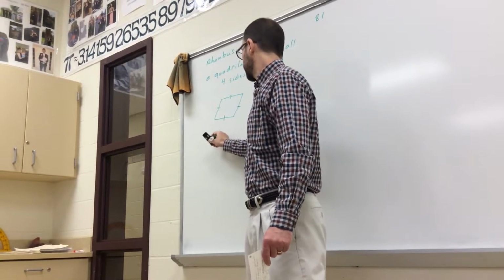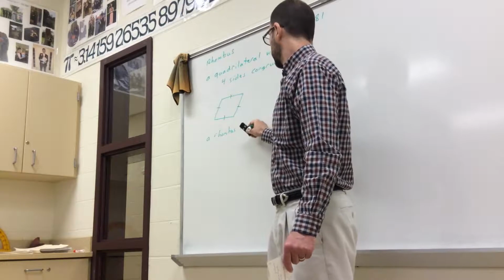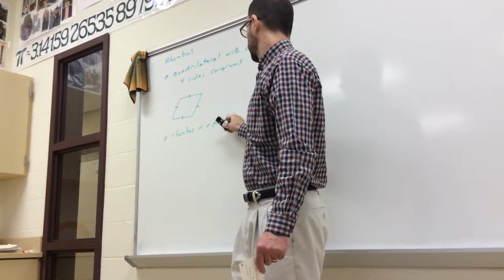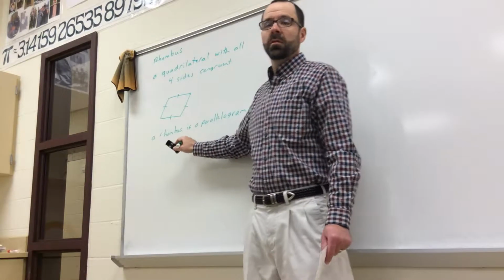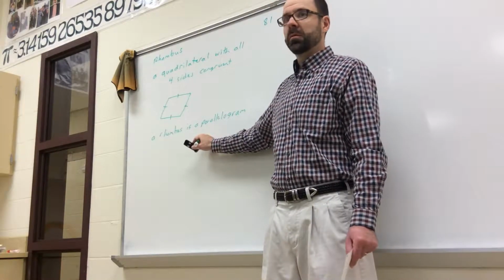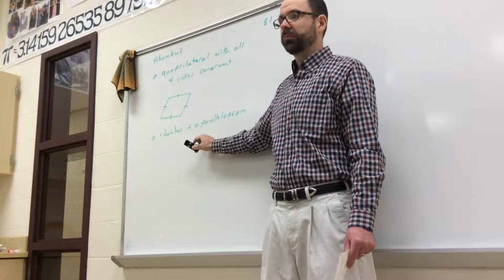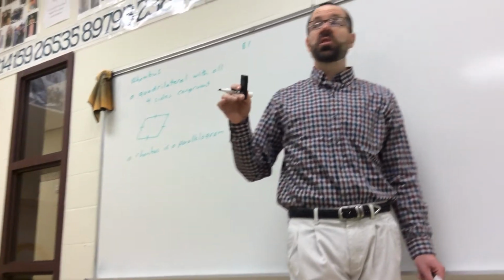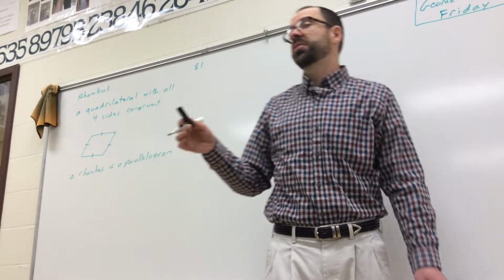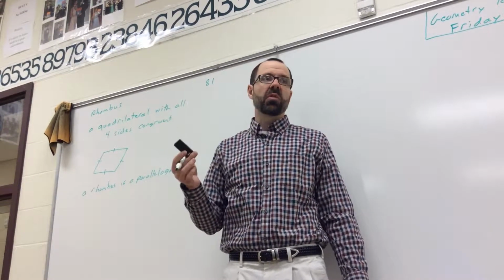So a rhombus is a parallelogram. So that means that everything on note card 78 that talks about what happens with parallelograms is going to be true for rhombuses also.